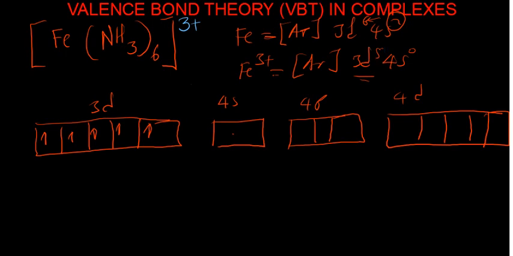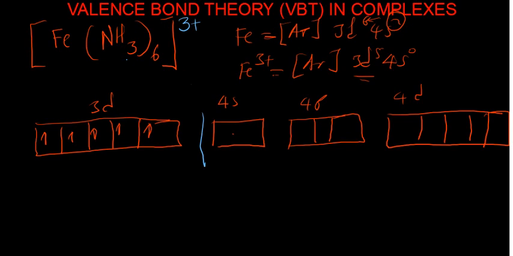Alright, so what we are going to have is, because this is a weak ligand, instead of us pushing these electrons, we would rather, because there's no difference for us using this d orbital and this d orbital, all of them are d orbitals. So instead of using this d orbital by pushing this, we are just going to start from our s orbital here.